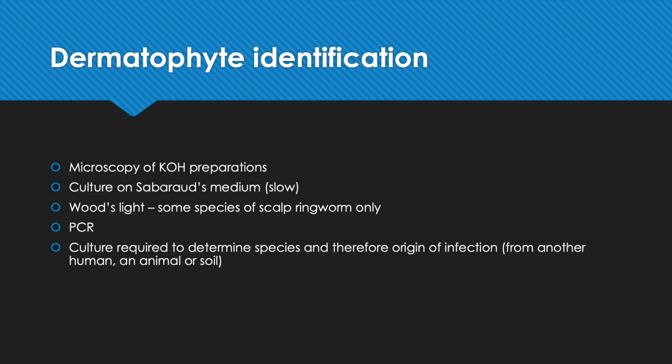Some species will come from, for example, hedgehogs, cattle, cats and dogs. So by culturing the scale, we can identify which fungus is infecting the human, and that can tell us from whence it has come. So culture is really important for epidemiological reasons.